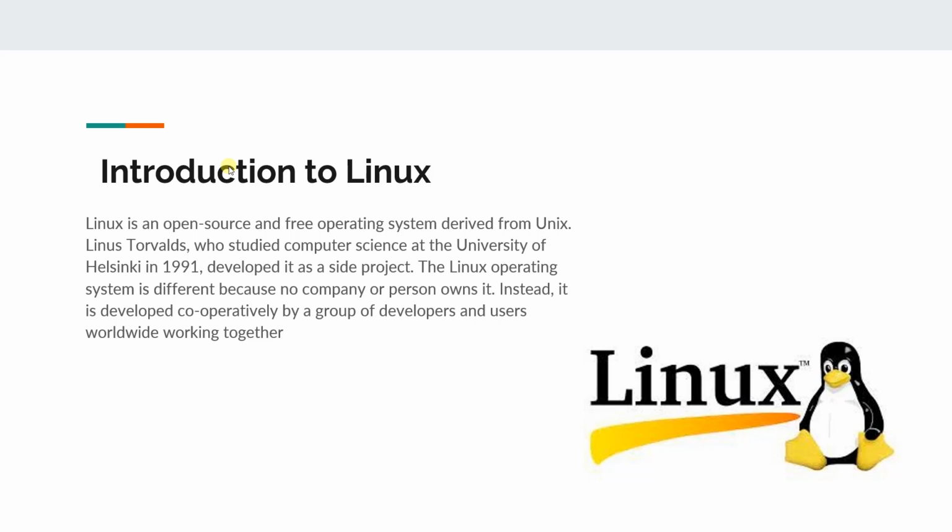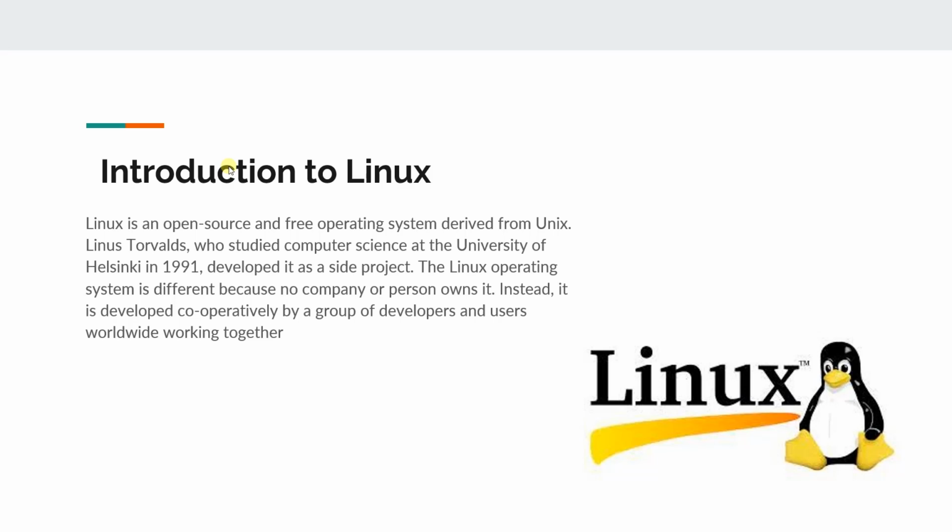Now, a little bit of history. In the 90s, operating systems used to be proprietary and very expensive. Anybody that had a computer then, they had arrived. Those times you had the likes of Windows.